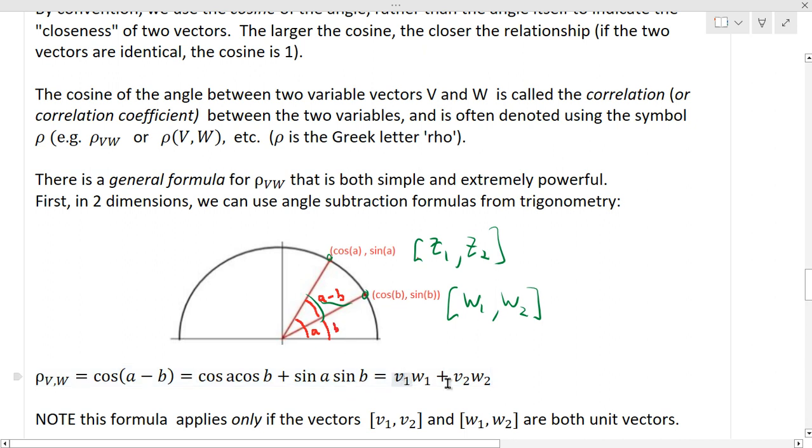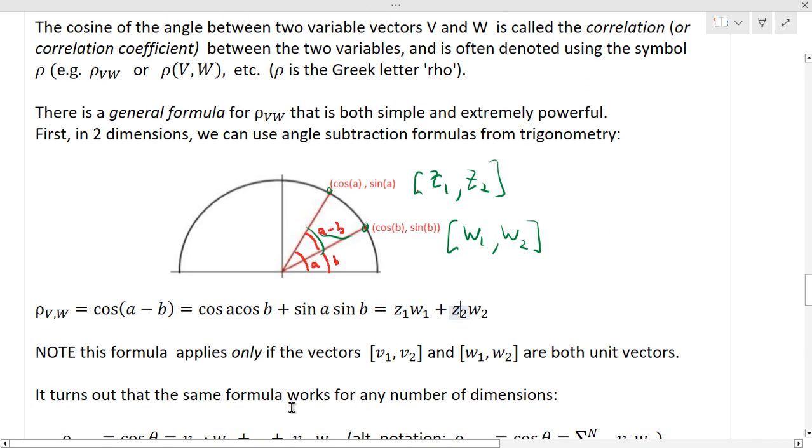Here I said v, so I should make this z in this case. So this is z1. Right. So I have this product. Now, I hasten to add that this formula applies only if the vectors are unit vectors. And I'll change that to a z again.